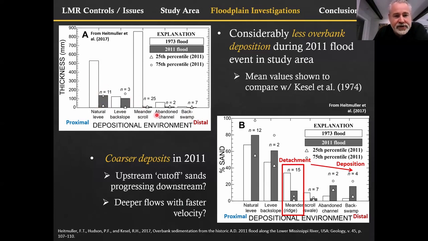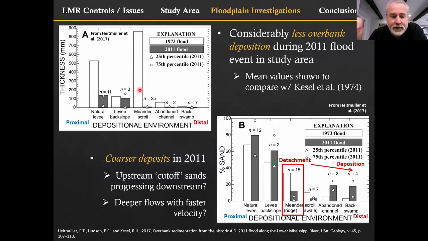Notice here the meander scroll environments were considerably thicker in 1973, almost a meter on average, and we barely detected just a drape of some sediment on these particular deposits in 2011. So one of the things I want to mention is that 1973 followed a couple of decades where we did not have very many floods in this region of the river.